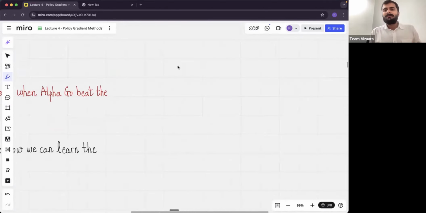Let's say hypothetically we have a performance measure which is defined as J of theta. Right now we don't know what this is, but imagine that we have a performance measure J of theta. And the question that we ask is, if we know how to calculate this performance measure, let's say the performance measure looks something like this.